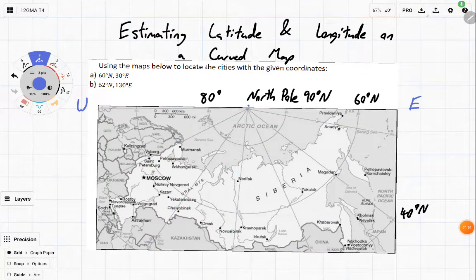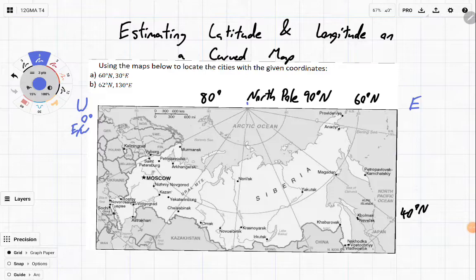The reason we can tell the North Pole is up here as well is that all of the meridians of longitude are actually meeting there. And so these meridians of longitude are 0, so that's 0 degrees east/west.